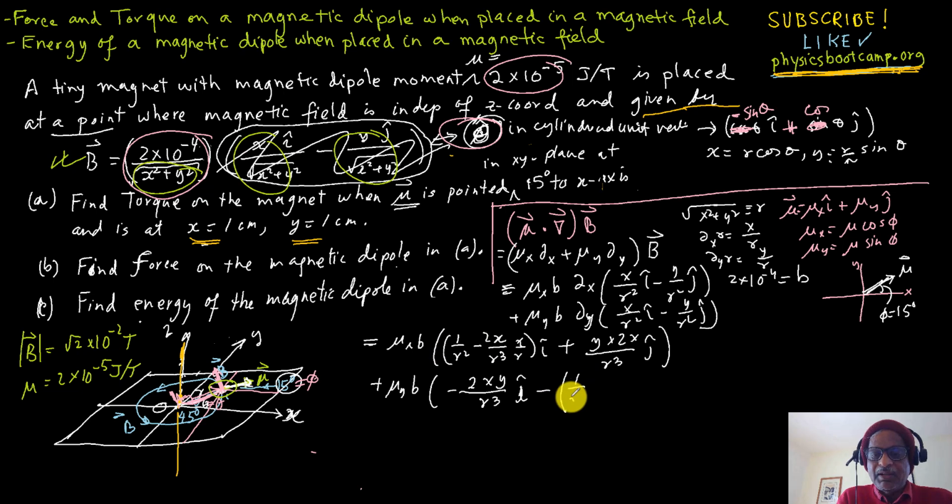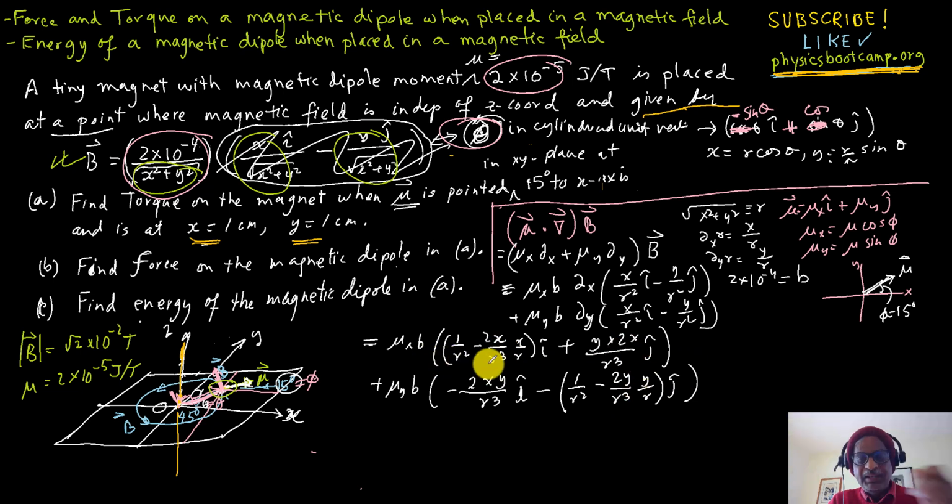It's going to be 1 over r square minus 2y over r cube times y over r, and then it's going to be j hat. Okay, so that looks like a very complicated expression, but that's what you're going to get. You're going to get a complicated expression, and we just have to work it out.